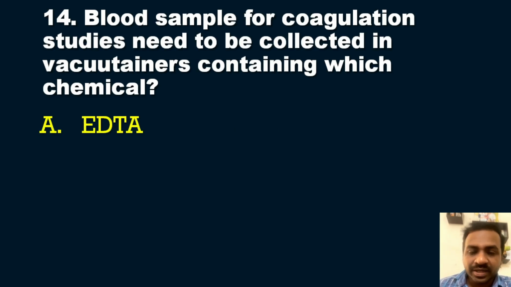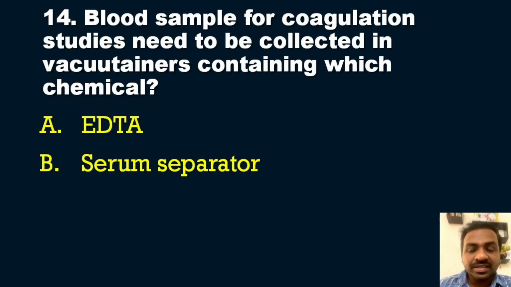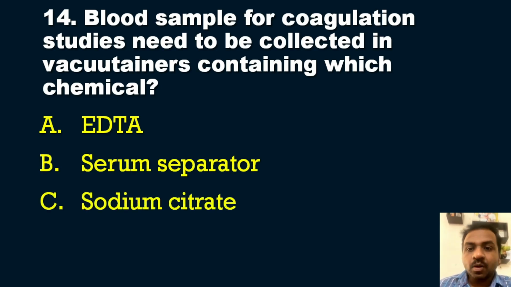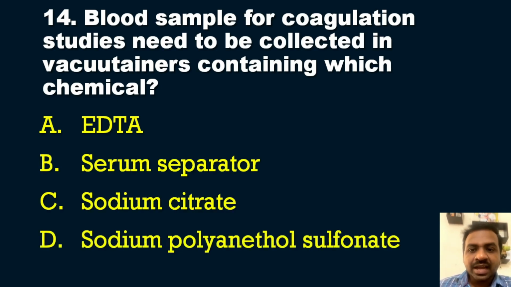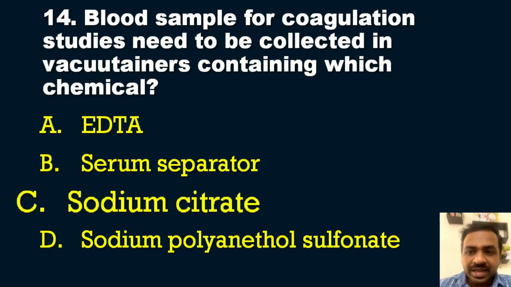The options are, first, EDTA, ethylenediaminetetraacetate. Option B is the serum separator. Option C, sodium citrate. And option D, sodium polyanethol sulfonate. So what is the answer? Coagulation studies. The answer for this question is option C, that is sodium citrate.